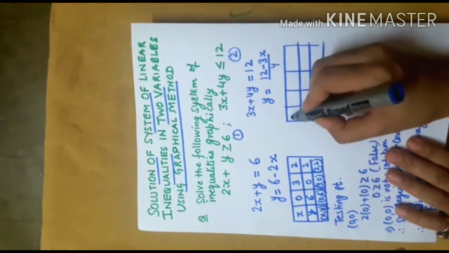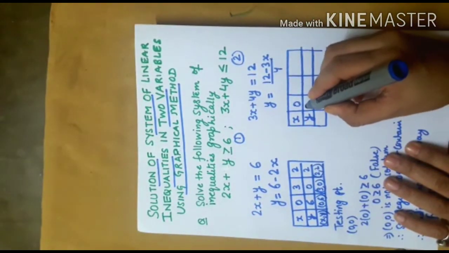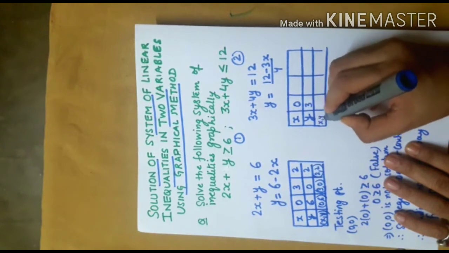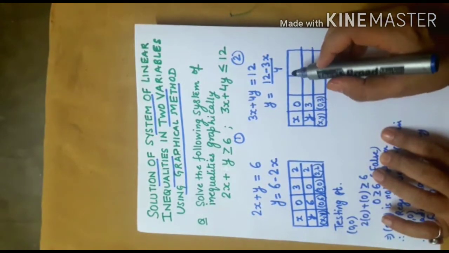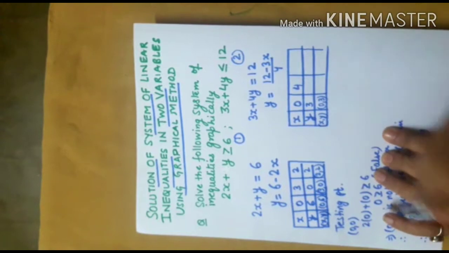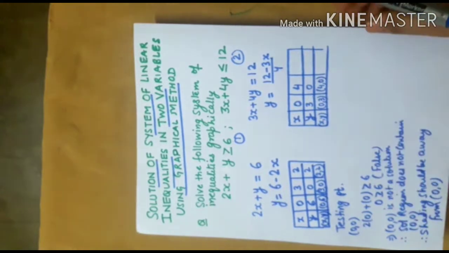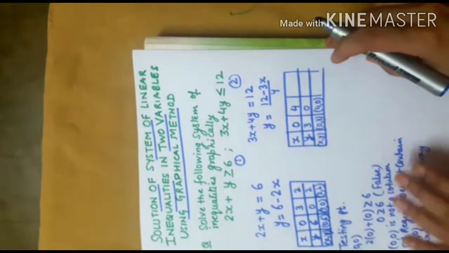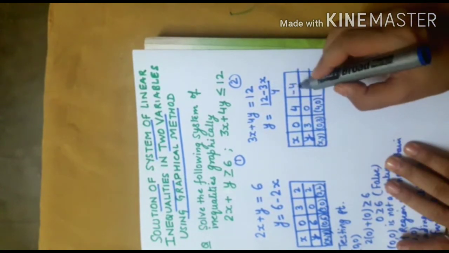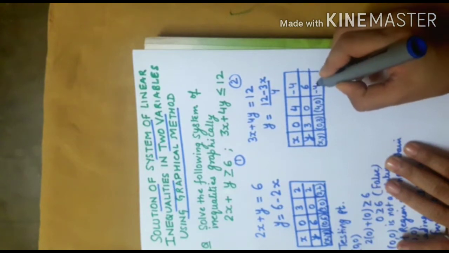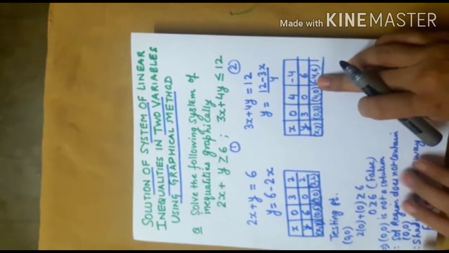First I put x as 0, so I'll get y as 3, so the ordered pair will be 0, 3. Next I put x as 4, I'll get y as 0, so I'll get 4, 0. Next I'll put x as -4 and I'll get y as 6, so -4, 6. Now I will plot these ordered pairs on the graph paper.